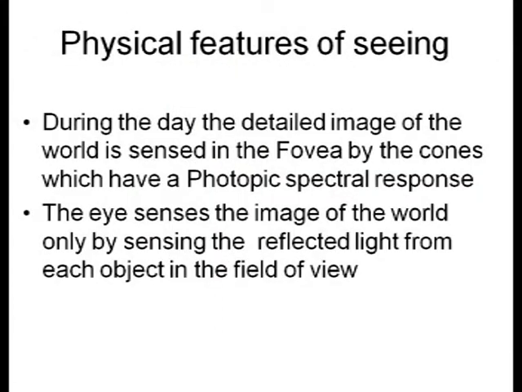B. The scenery is illuminated usually by the sun, and every object reflects part of the illumination. The eye senses the reflected light and creates from it an image of the scene.